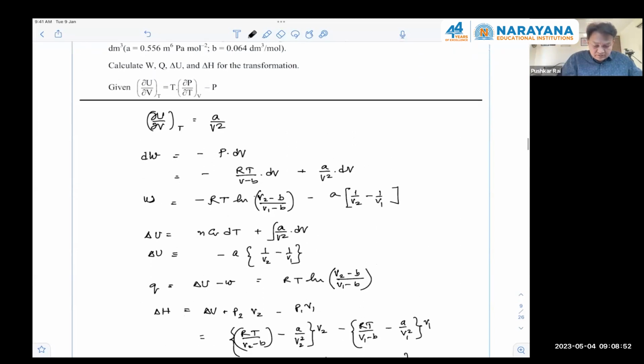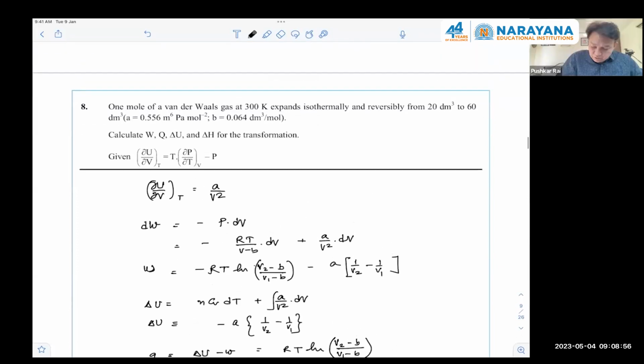See this process given. Of course, V2 is given, and V1 and V2, 20 decimeter cube and 60 decimeter cube, are given. But P1 and P2 are not given, right? And this is a van der Waals gas. How do you know P1?